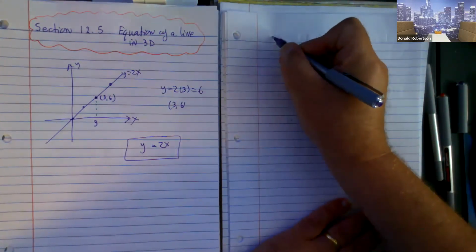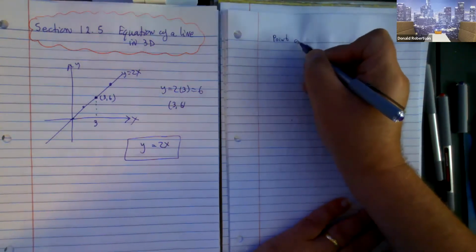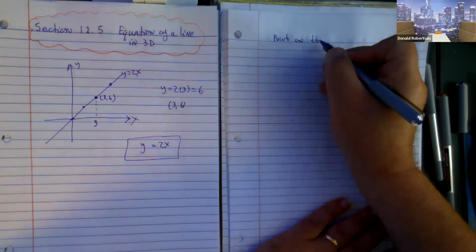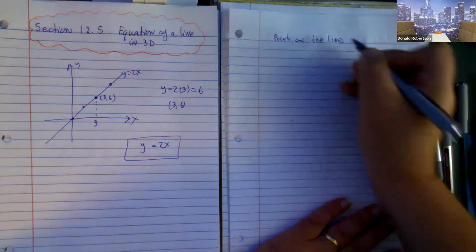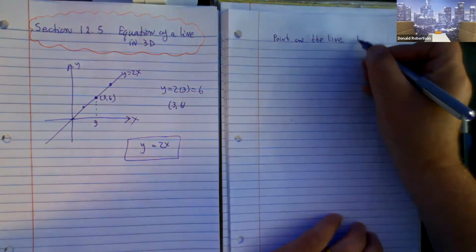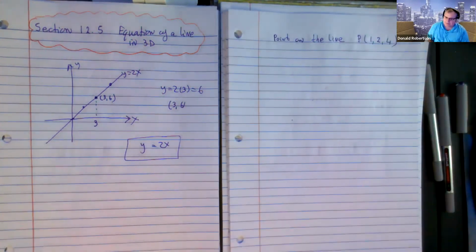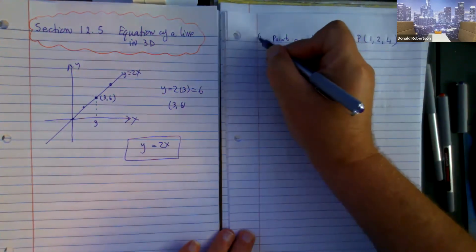First thing you need is a point on the line. And it can be any point, so it's in 3D space. So my finger is the point, and let's pretend that point happens to have coordinates 1, 2, 4, right? That's the first thing you need.